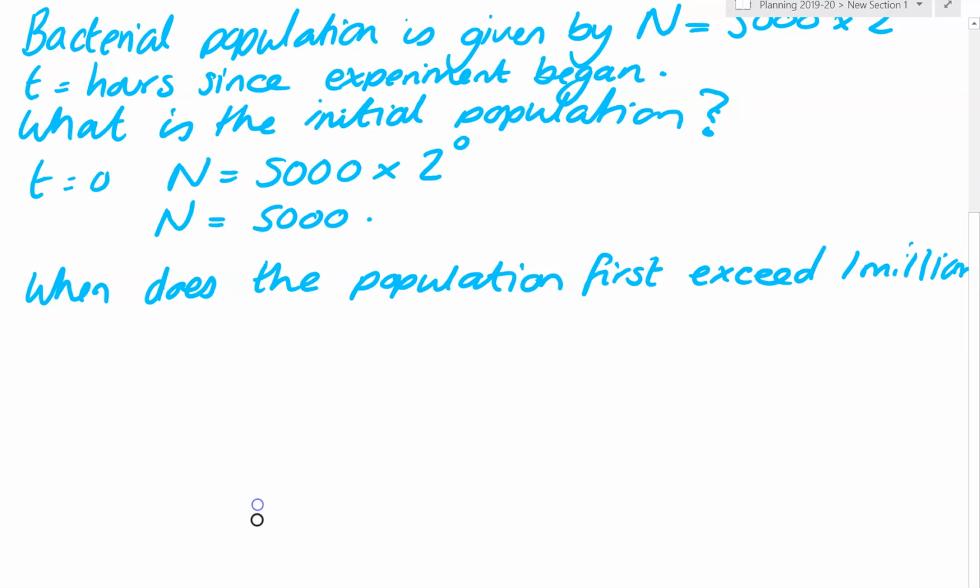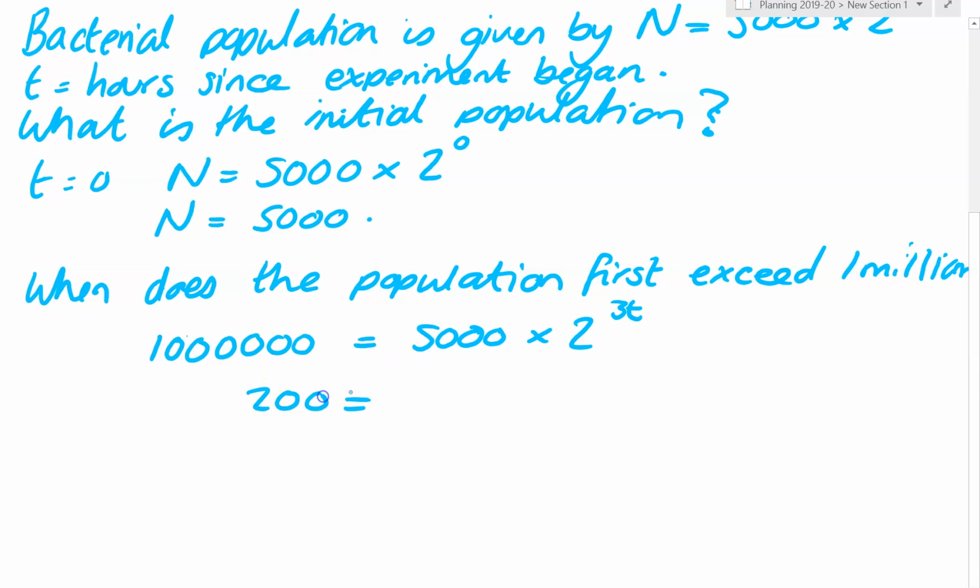Okay, so we know that 1 million has to be equal to 5,000 times 2 to the 3t. And we're going to try and solve it. So if we first off divide by 5,000, that will give me 200.